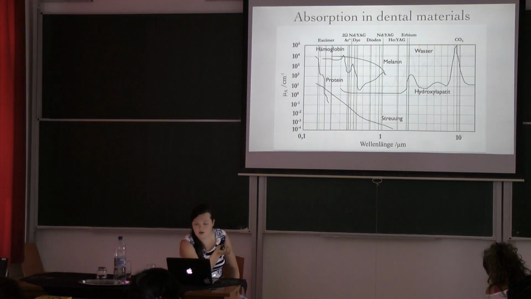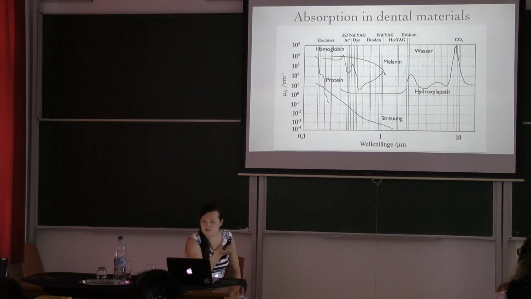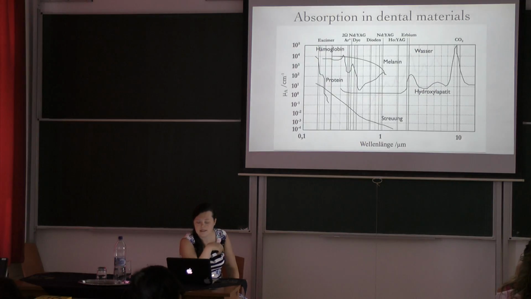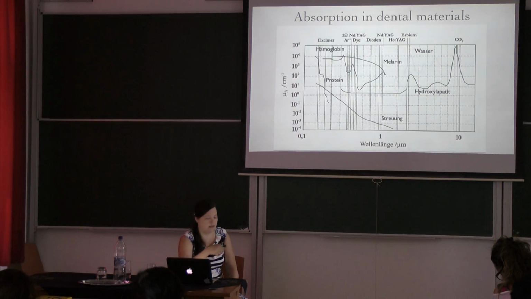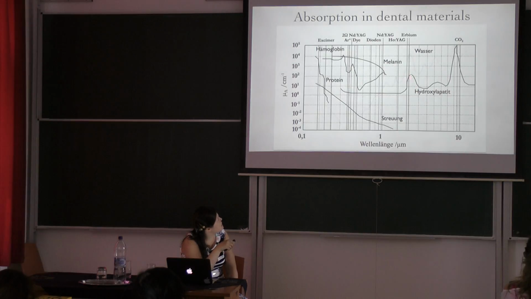If you want to affect hard tissue like hydroxyapatite, because hydroxyapatite can be found in all hard tissues of the dental area, then of course you would choose something where the hydroxyapatite is absorbed more. And as you can see in the erbium family, the hydroxyapatite absorption is very high, and also the water is very high.